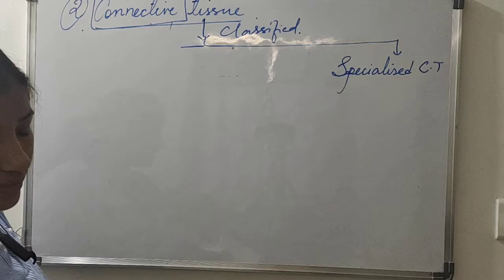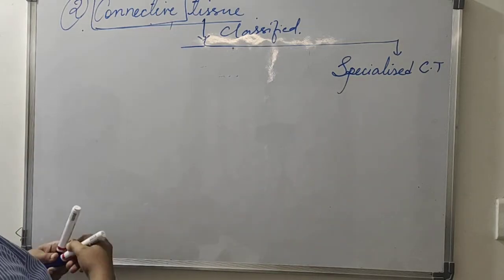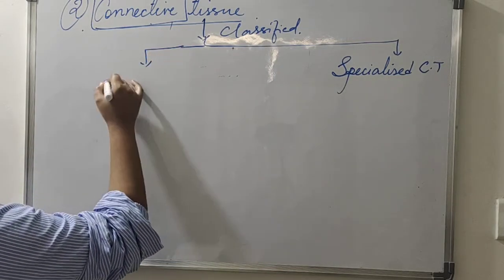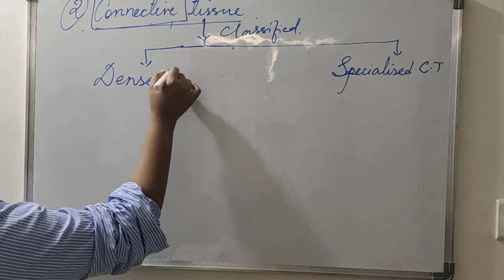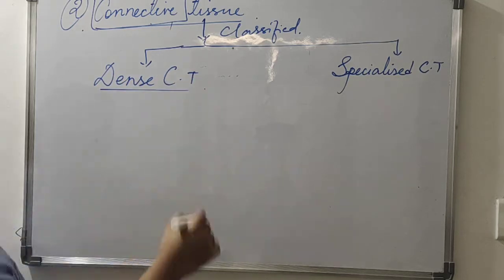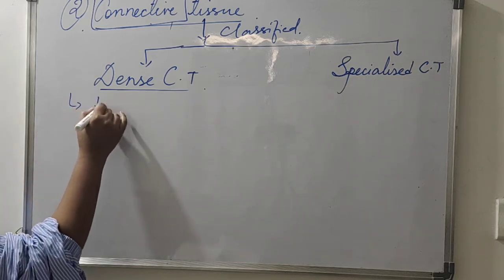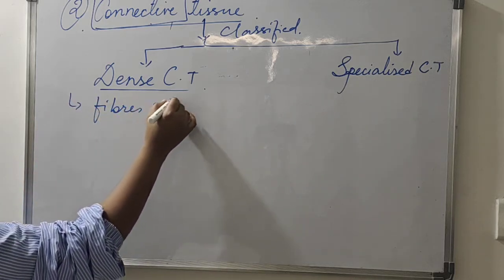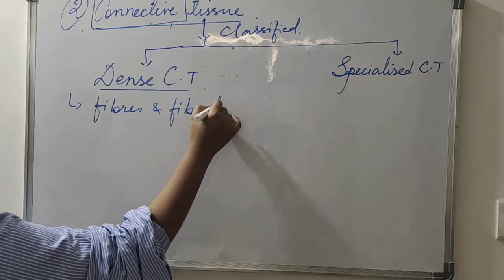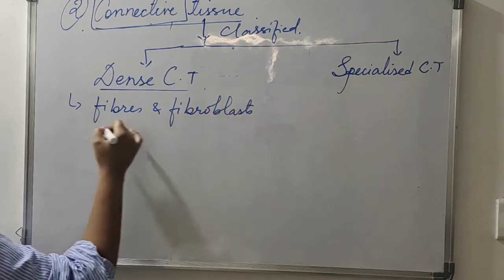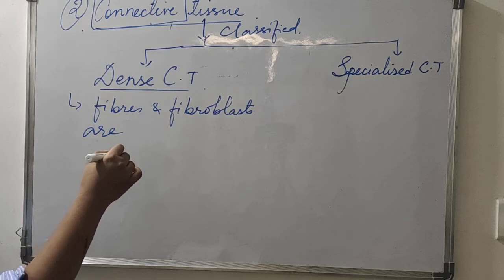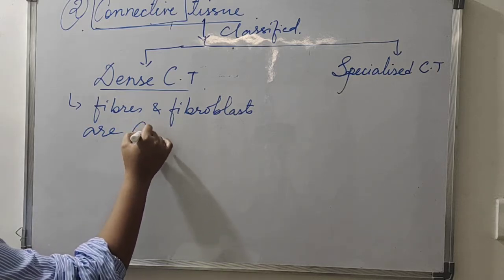Now we'll see dense connective tissue, where fibers and fibroblasts are tightly packed.